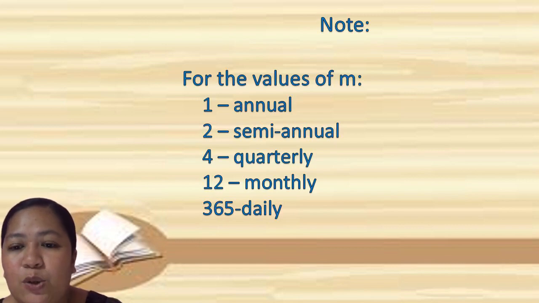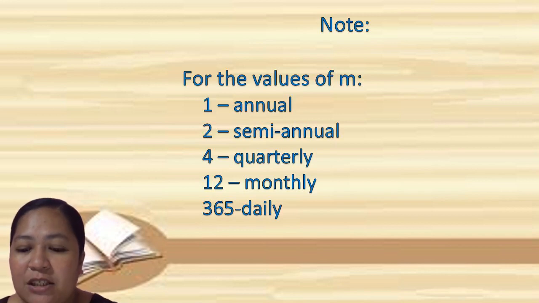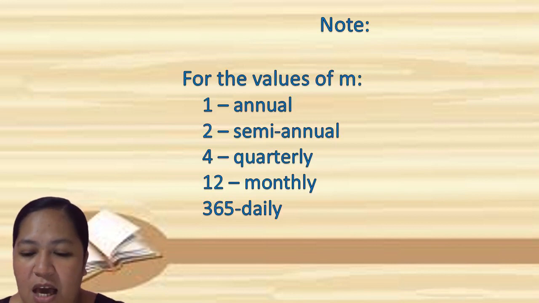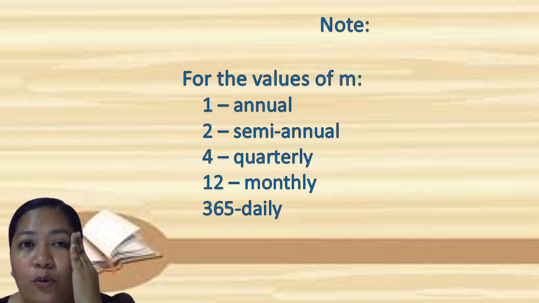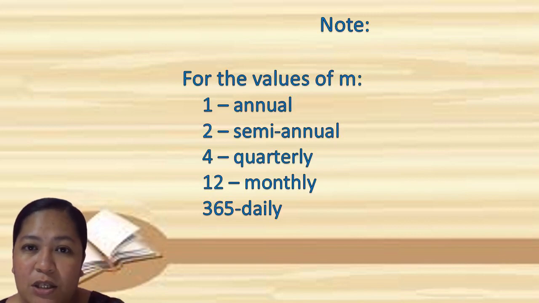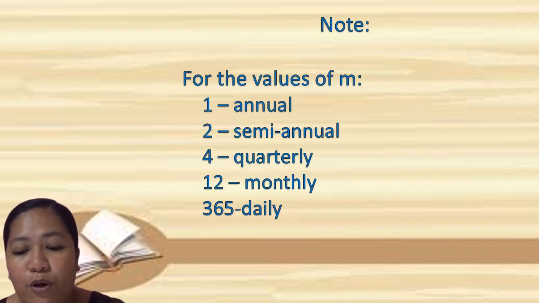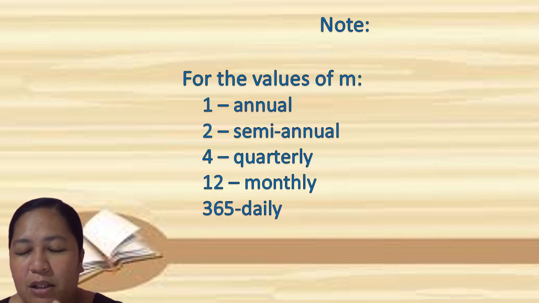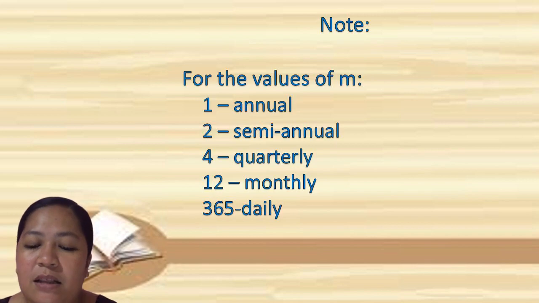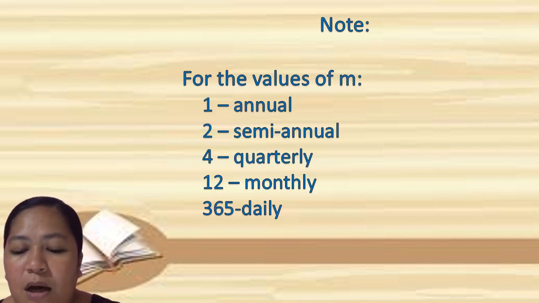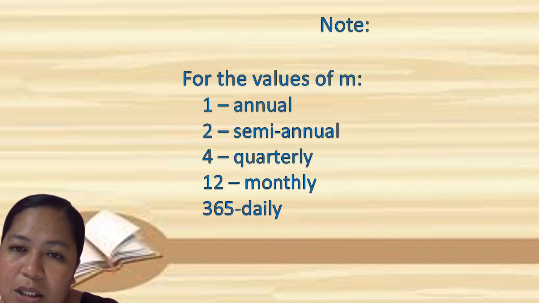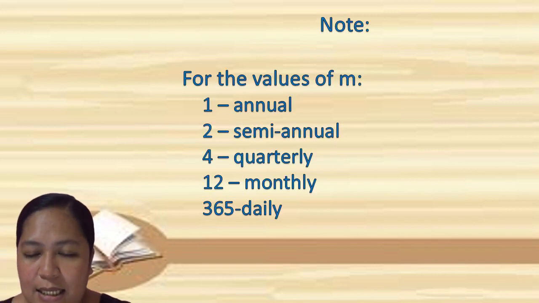But in one year there are two cycles, like 6 months, 6 months, if we use semi-annual. If quarterly, meaning four times in one year. So that would be 4, four times. I mean, four times in one year. So that's 4 times 3, that's 12. Then 12 months if it is monthly. Then 365 if daily.